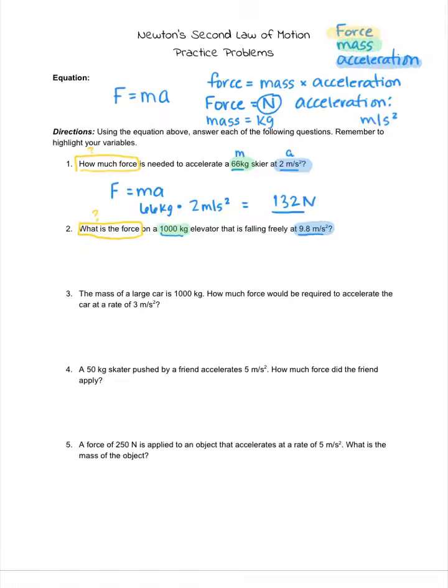So now, we have M and we have A. Again, just like before, we're trying to find F here. So F equals MA. So F equals mass, 1,000, times our acceleration, 9.8 meters per second squared.